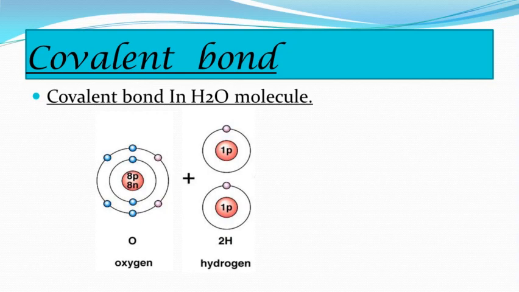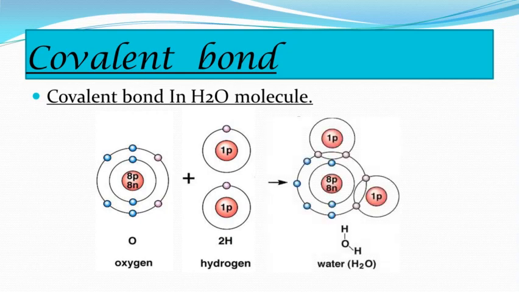That means if it gains 2 electrons from the hydrogen atoms, its octet will be complete. In the water molecule, the oxygen atom completes its octet by forming 2 covalent bonds, one each with the 2 hydrogen atoms. And while this happens, the duplets of the hydrogen atoms are also completed. So the sharing of electrons takes place between one oxygen atom and 2 hydrogen atoms.